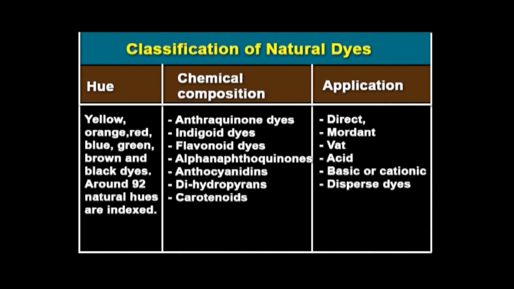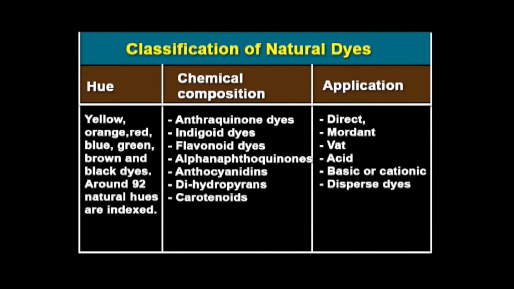Around 92 natural hues are indexed at present. As per chemical composition, they are classified as anthraquinone dyes, indigoid dyes, flavonoid or flavone dyes, alpha naphthoquinone dyes, anthocyanidins, dihydropyrans and carotenoids.